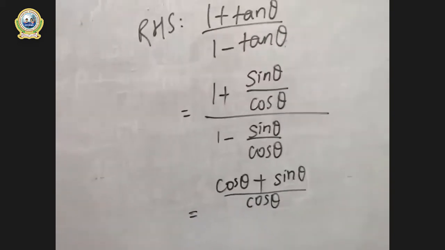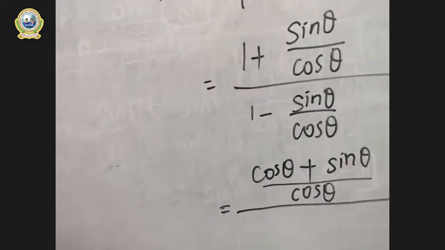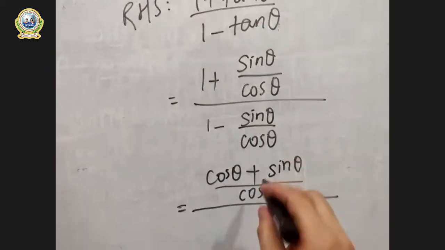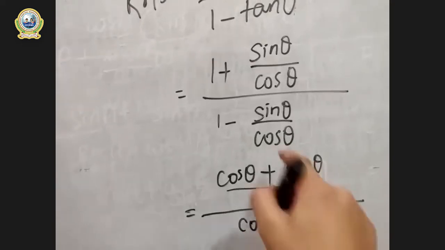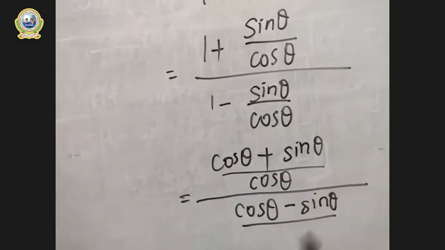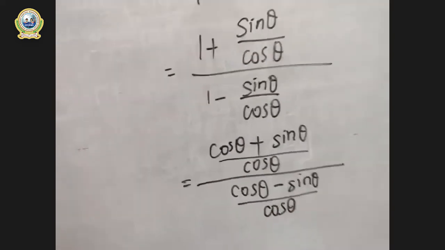Is it clear? And this lengthiest upon will be as it is. And in the denominator part of this one, we have cos 1 is a cos theta, minus sine will be as it is, and in the denominator part we are again having cos theta, right?